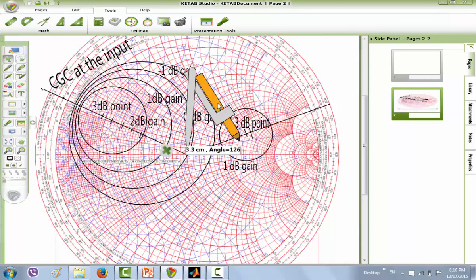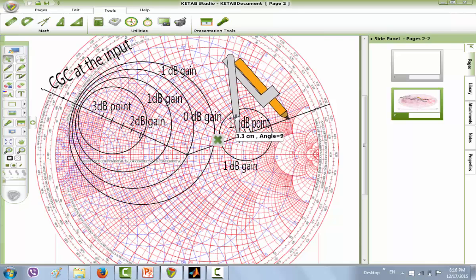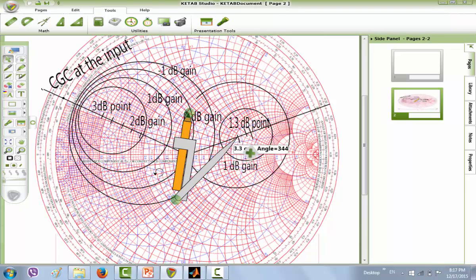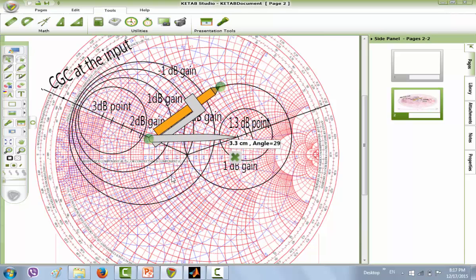So the center is here, and the radius is the same, 3.3 centimeters. Okay. And again, it's correct because it passes through the origin. 0 dB gain.